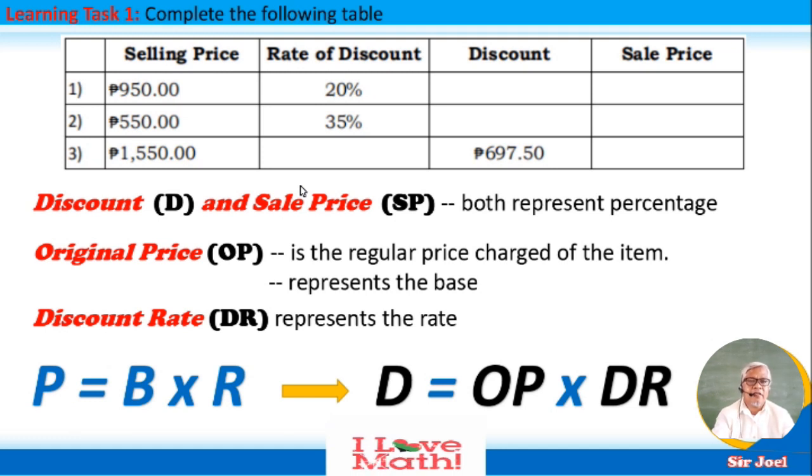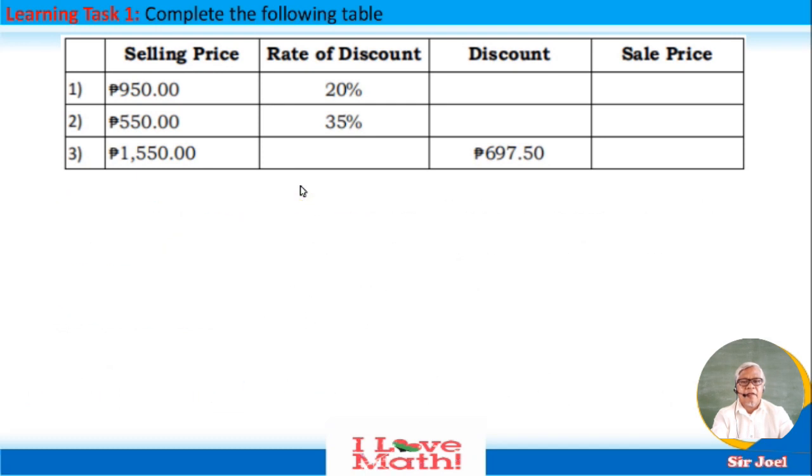While on the other hand, yung D is for discount, and then pwede rin namang yung sale price, which is equivalent to the original price times the rate of discount or the discount rate. Okay? Now, using the formula discount, which is the original price times the discount rate, how can we solve problem number 1?